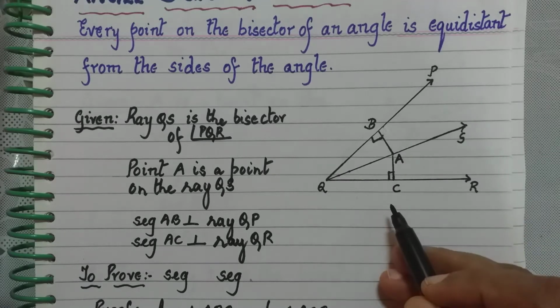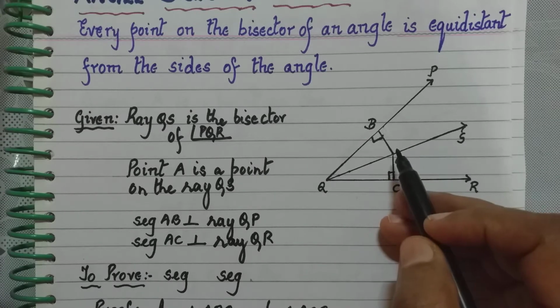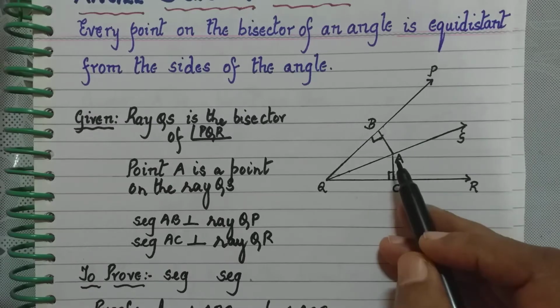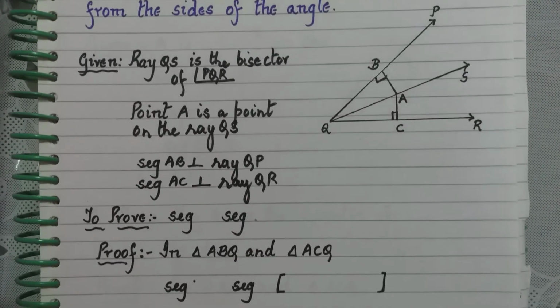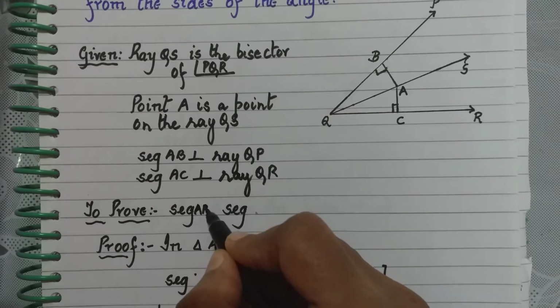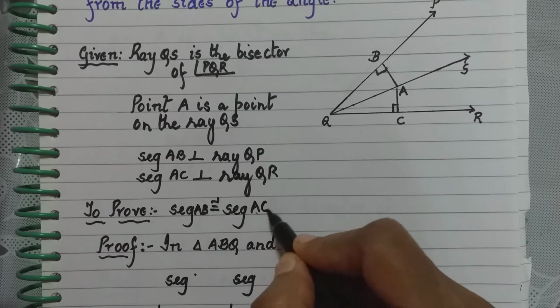If we find the perpendicular distance, this distance and this distance should be same. That means what are we to prove? Segment AB congruent to segment AC. So we write here to prove segment AB congruent to segment AC.